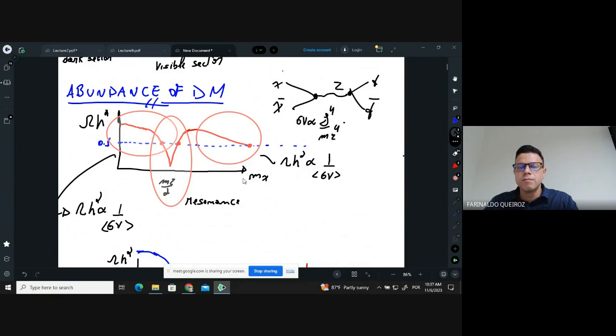But you see, a tiny change in the coupling or a tiny change in the Z mass will change the sigma V by the 4th power, or the abundance by the 4th power. So it drastically changes the overall abundance when I change the mass of the mediator or the gauge coupling or the coupling involved.